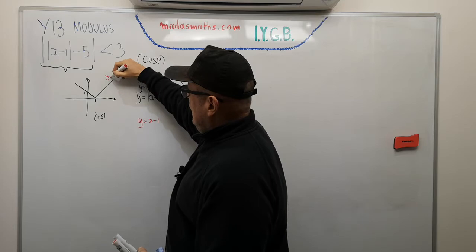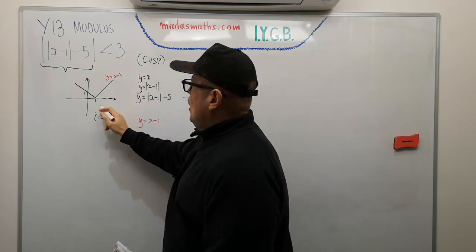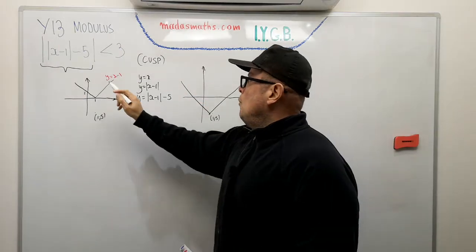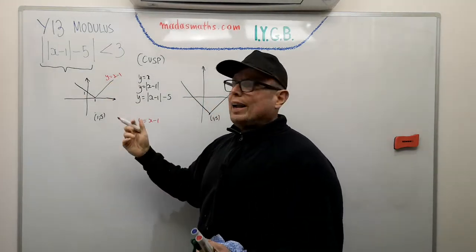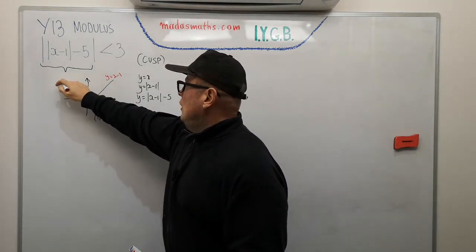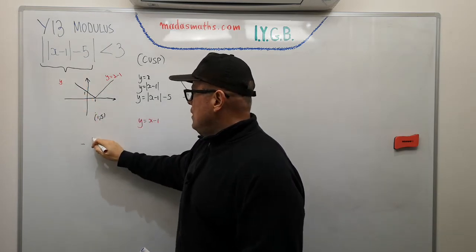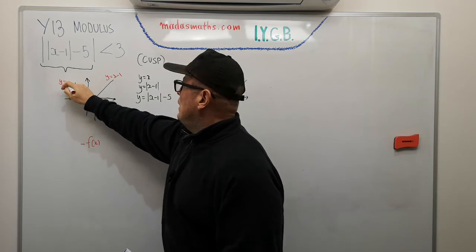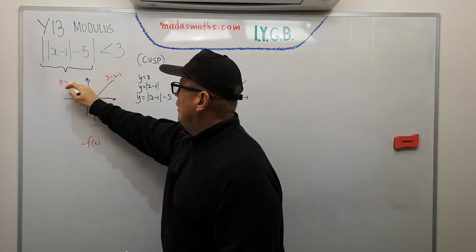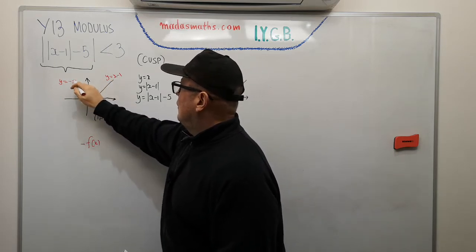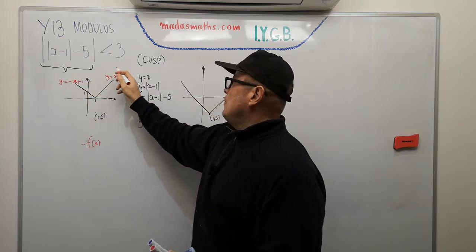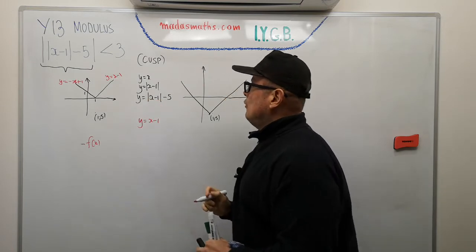What about the one that got reflected upwards, the one that got flipped? Well, this reverses signs. So it's a transformation, minus f of x if you want. So it will become minus x plus 1. You can also put it in a bracket with a minus at the front.